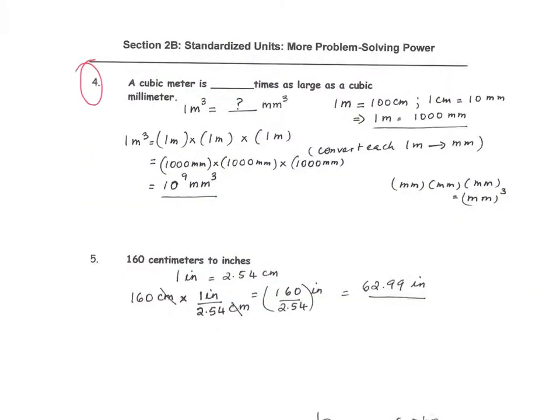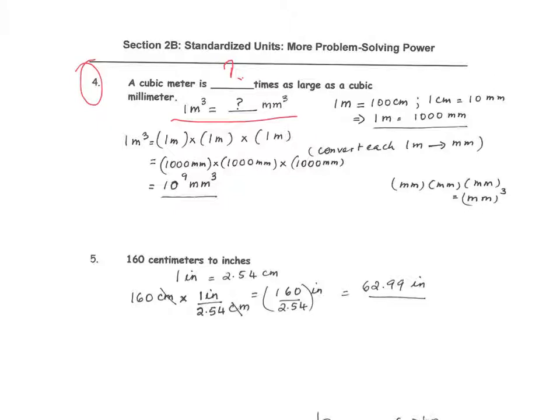So the next question is, 1 cubic meter is how many times as large as a cubic millimeter? So this is the question. 1 cubic meter equals how many cubic millimeters? So let's look at the conversion equations.